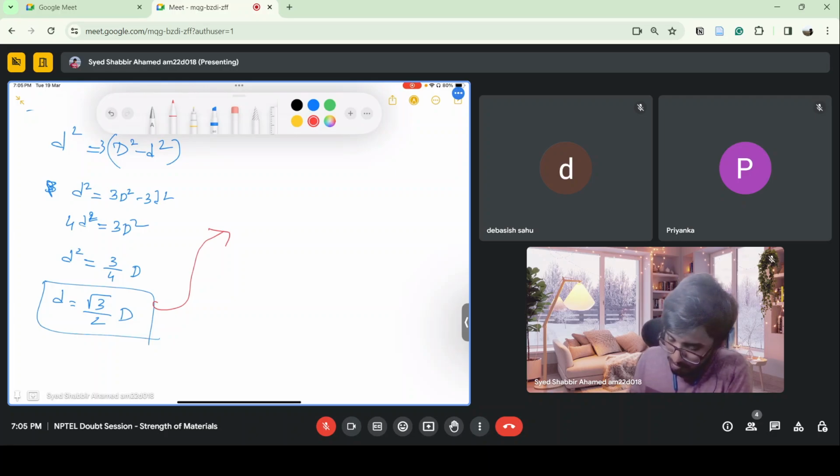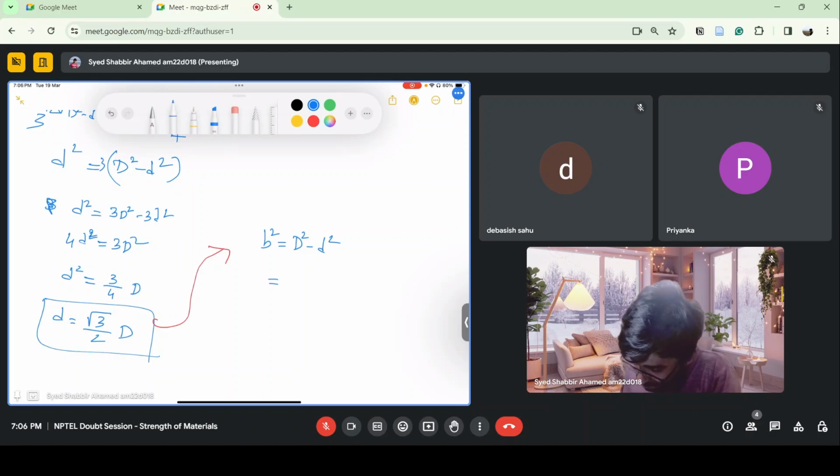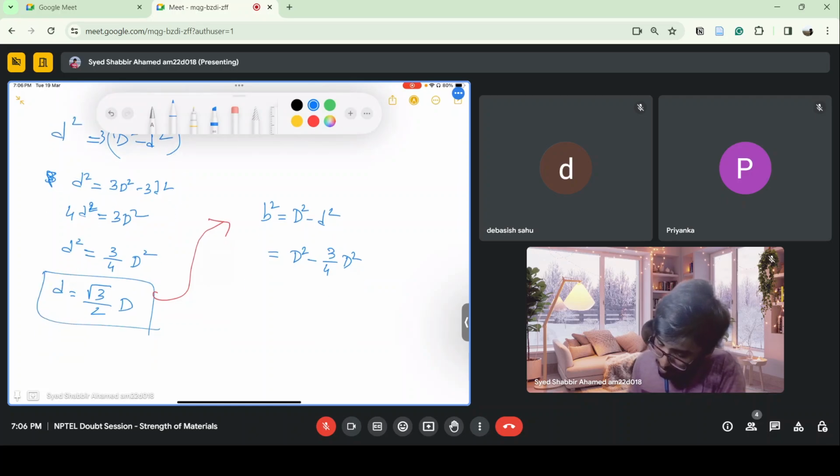And we want b also, which is b square is equal to D square minus d square, D square minus 3 by 4, so we'll get D square by 4, b equals D by 2.